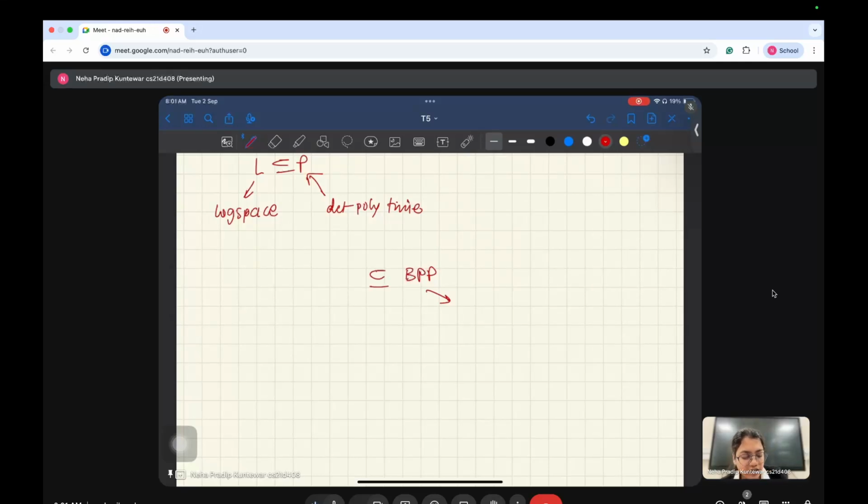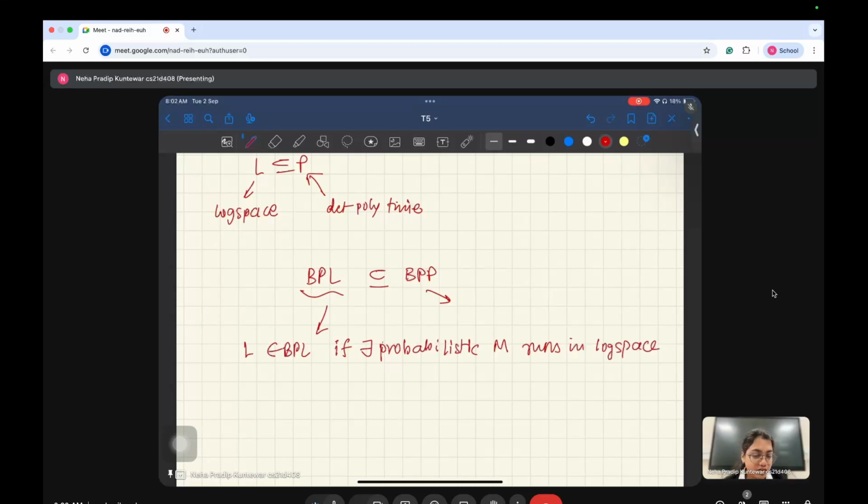So we can think of an analog called BPL, where we'll say that the language is in BPL if there exists a probabilistic machine M that runs in log space, and the accept reject conditions remain the same.